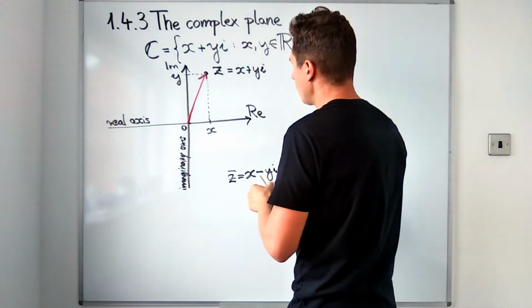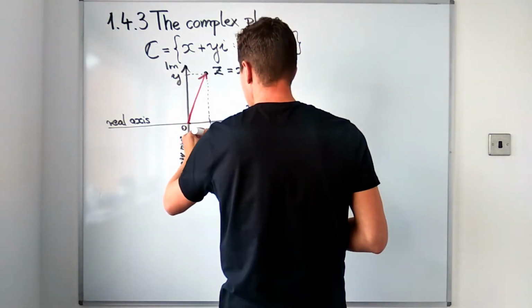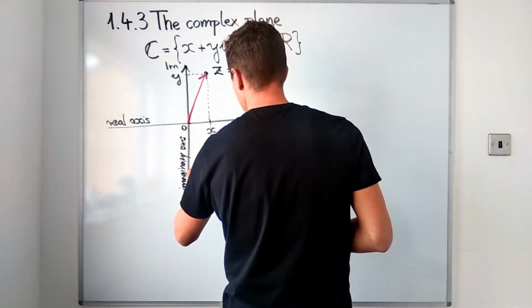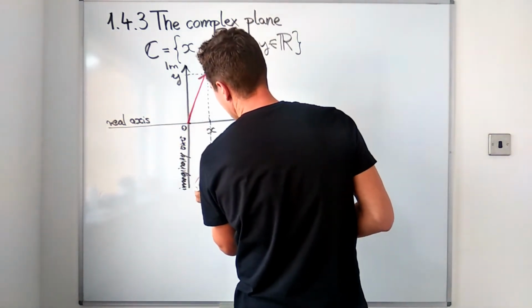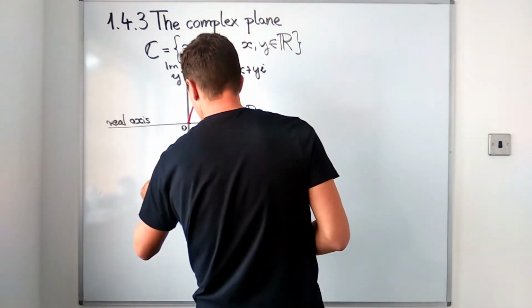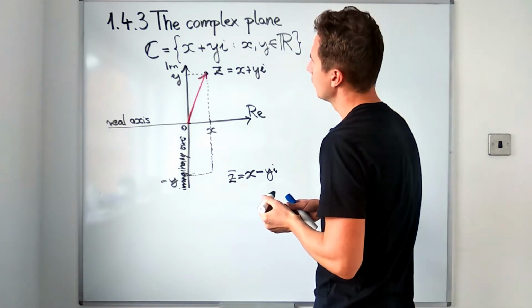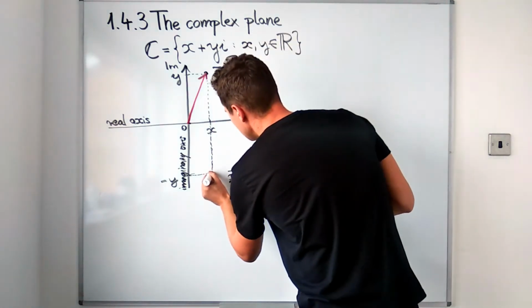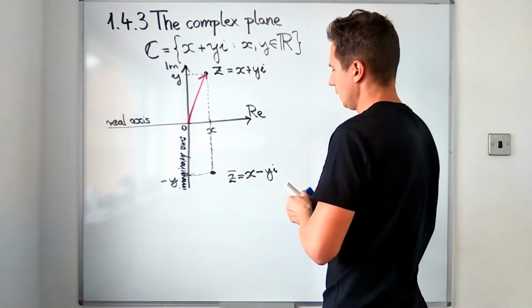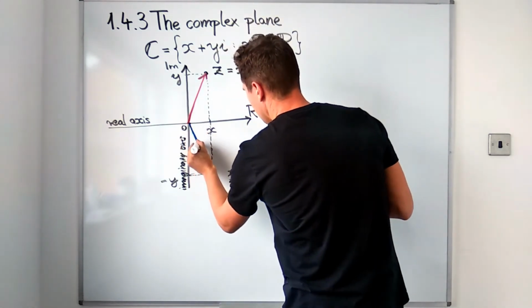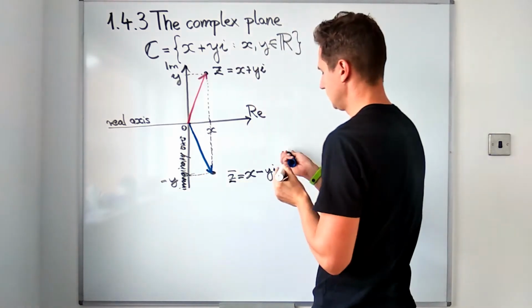So our complex conjugate will have the same horizontal coordinate, but the negative of this vertical component. So this is where the complex conjugate of z would sit, being reflected through the real axis.